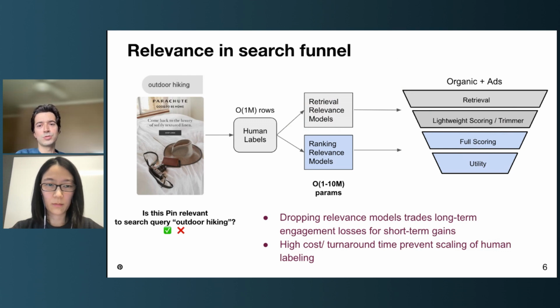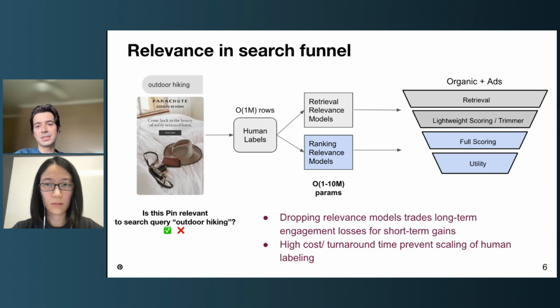How do we control relevance in the search funnel? To collect the ground truth, we ask human labelers to rate search query and pin pairs on a scale of relevance. The data collected is used to train relevance models. These models are then utilized in retrieval, ranking, and utility parts of the search funnel.